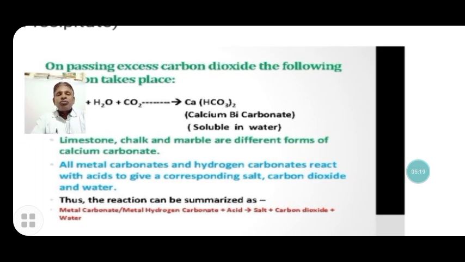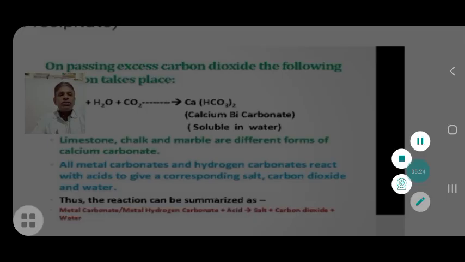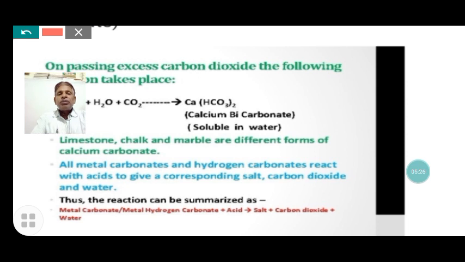There are various forms of calcium carbonate. Limestone, chalk and marble are the different forms of calcium carbonate. Now we summarize the activity: all metal carbonates and hydrogen carbonates react with acid to give the corresponding salt, carbon dioxide and water.